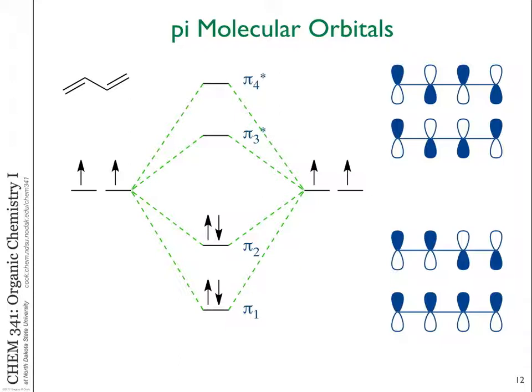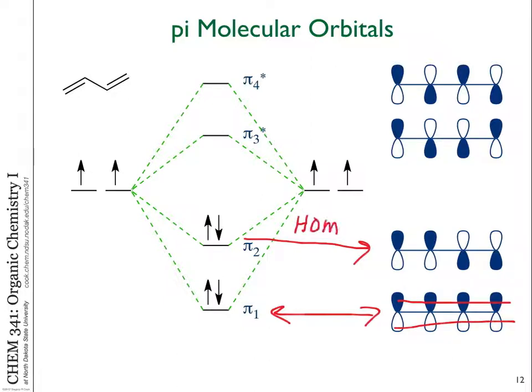And you'll notice that the lowest energy bonding orbital, if you look at the mathematical symmetry of the signs of those 4 p orbitals that make it up, they're all on the same sign across the board. One of the aspects to molecular orbitals is as you go up in energy, stepwise through each of the molecular orbitals, you have to increase the number of nodes between these. So notice, if I look at this orbital, which is the highest occupied molecular orbital, that's the highest energy orbital which has electrons in it.